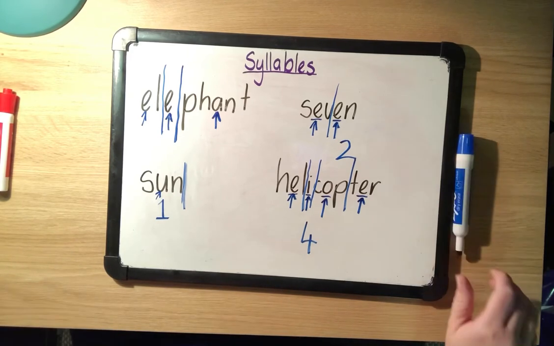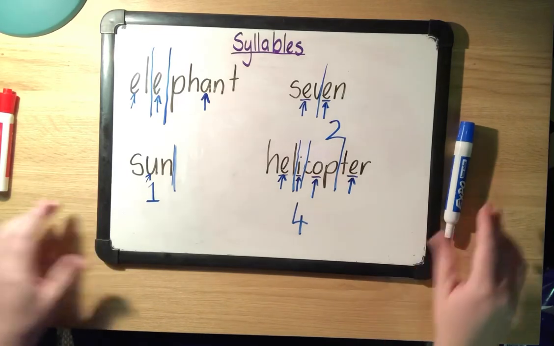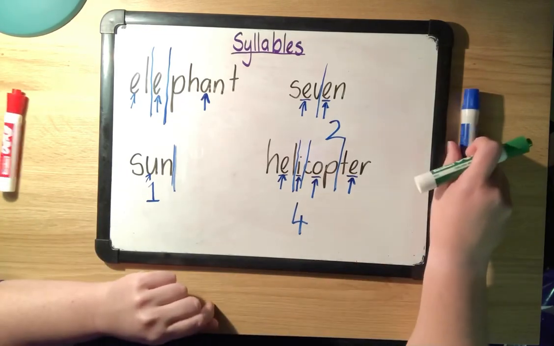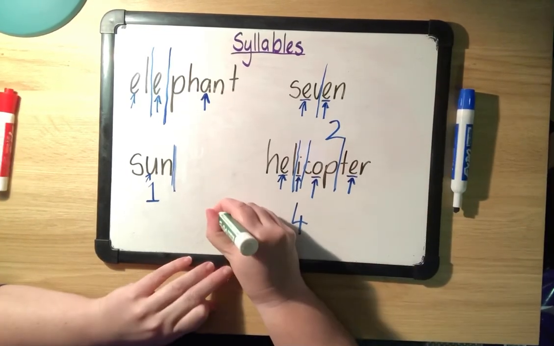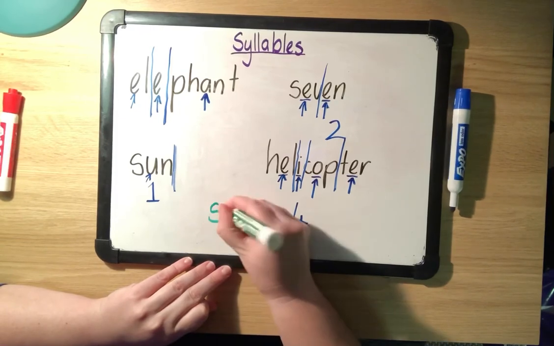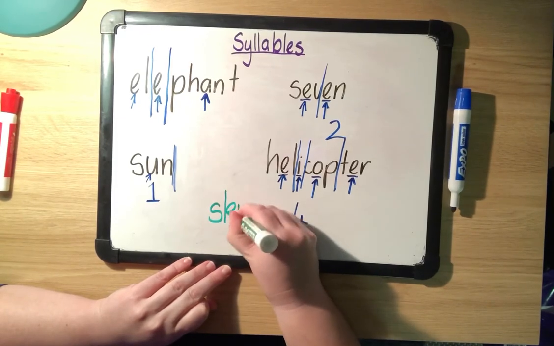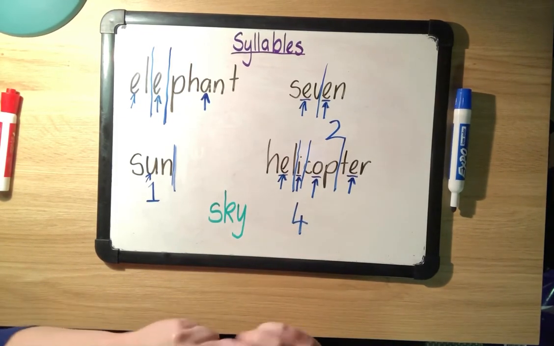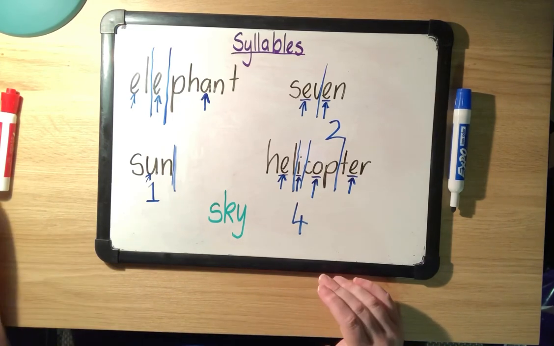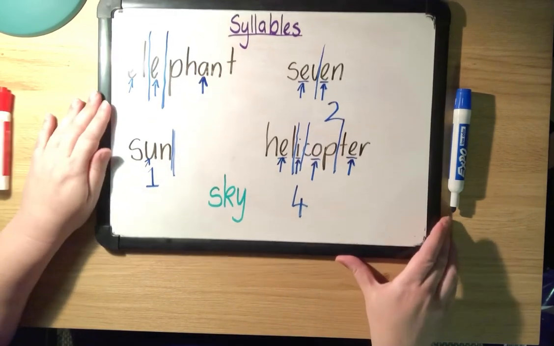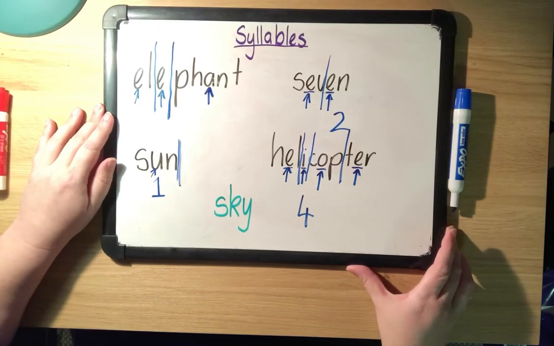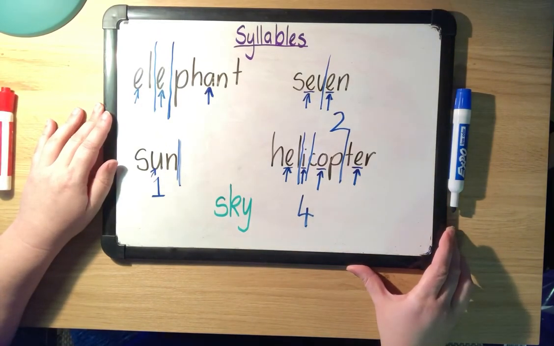I'm going to show you one last word. Here it is. I'm going to write it in green this time. The word I have written is sky. I wonder how many syllables are in the word sky. Put your hand under the chin. 3, 2, 1.